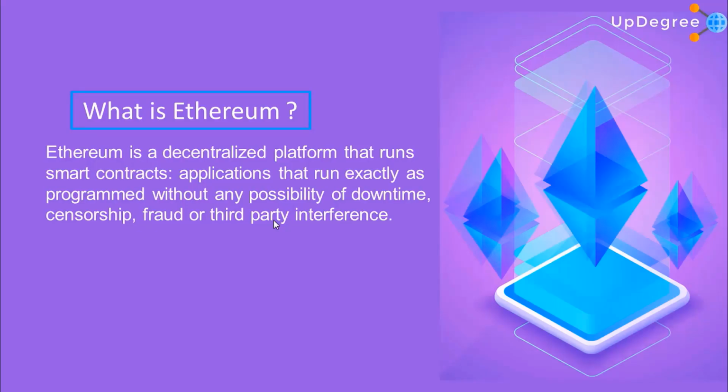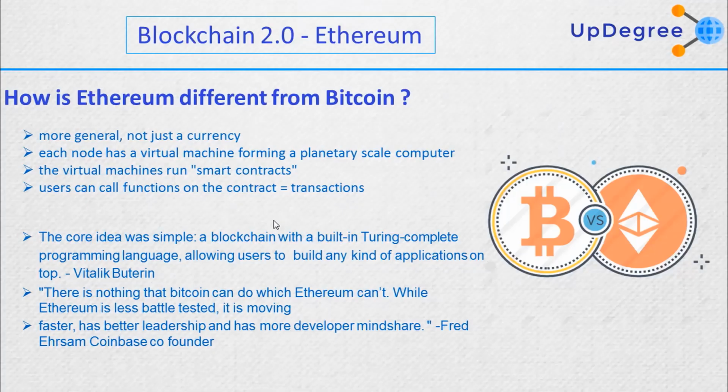So what is Ethereum? Ethereum is a decentralized platform that runs smart contracts, applications that run exactly as programmed without any possibility of downtime, censorship, fraud, or third-party interference. It's a distributed ledger technology platform on a blockchain.